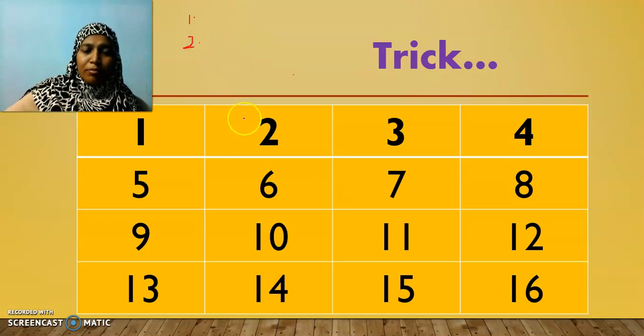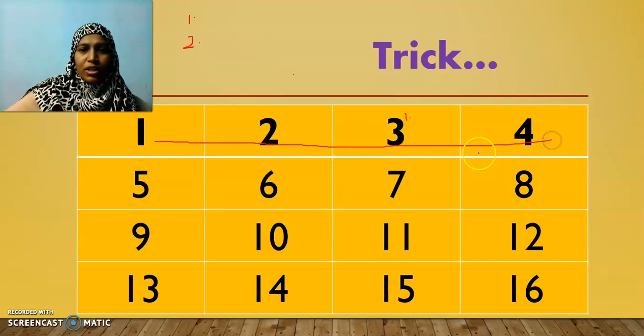That second number should not lie in the row as well as the column of the first number. Suppose I have chosen this 3 as my first number, my second number should not lie in this row as well as in this column.